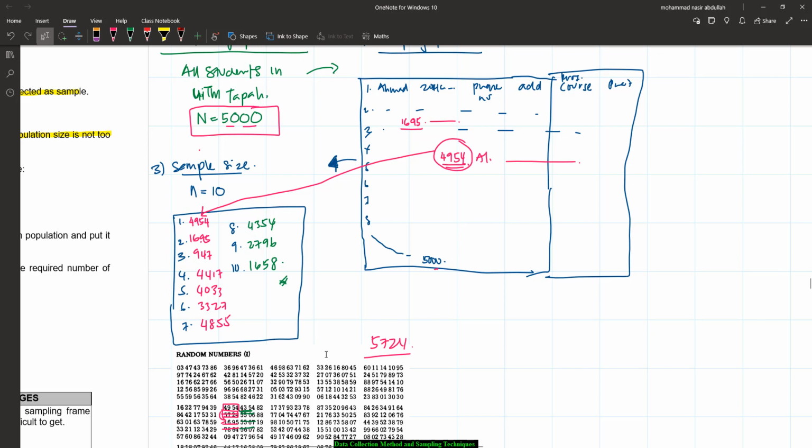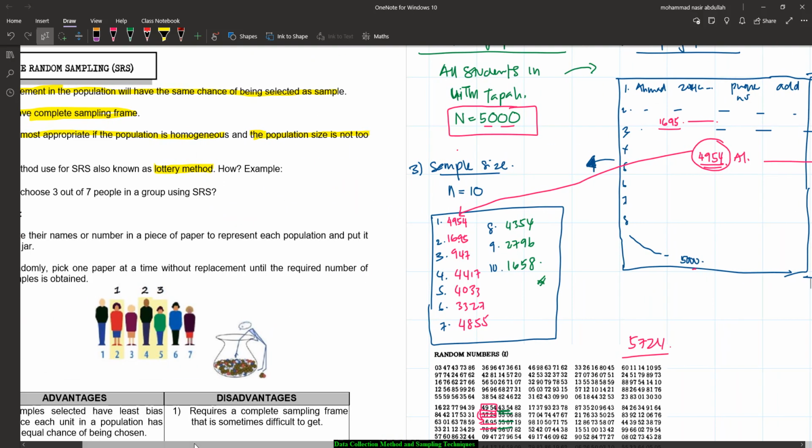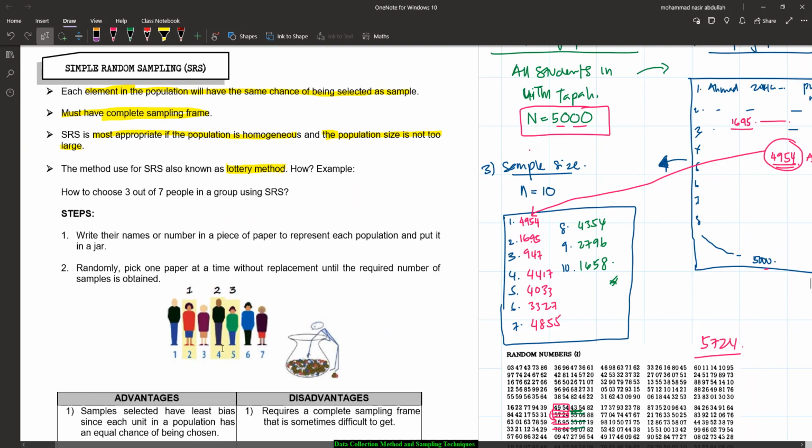Okay. So, we need to understand the process of simple random sampling. This is very important. But actually, it's very simple. When you want to distribute a questionnaire or do an observation, you just find these members only. Alright? So, this is simple random sampling.